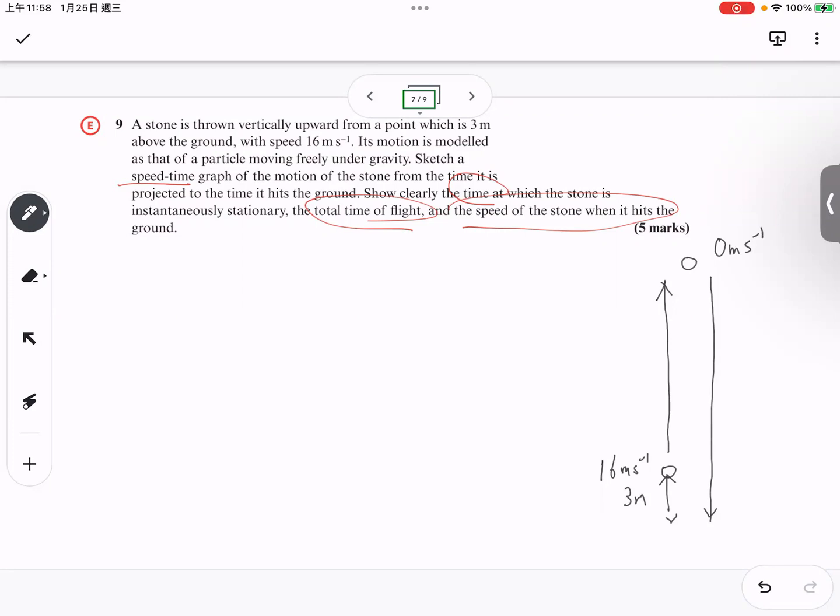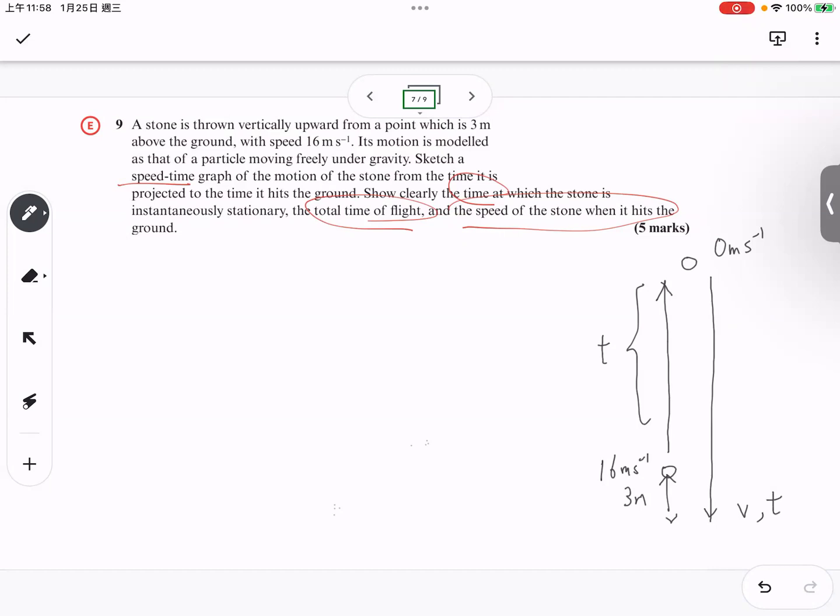So that means what we need to find is the time it takes here. Because I'm going to draw the speed-time graph, so I must make sure that I get the time t there. Secondly, for the second part, after it goes down to hit the ground, you must know two things. First of all, you must know the velocity of it, and also we must know the t.